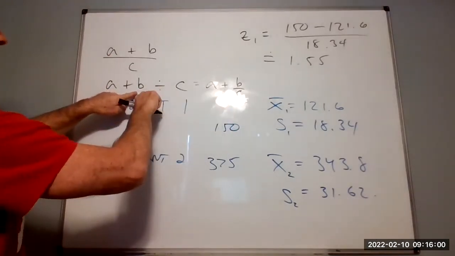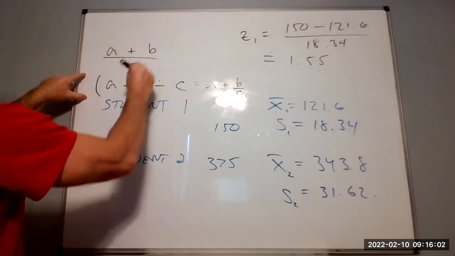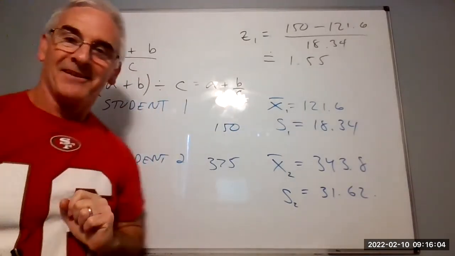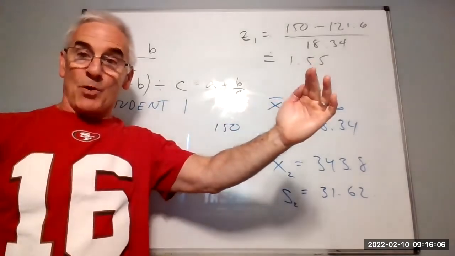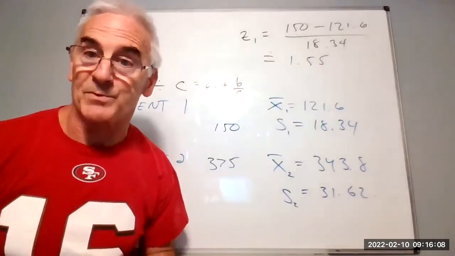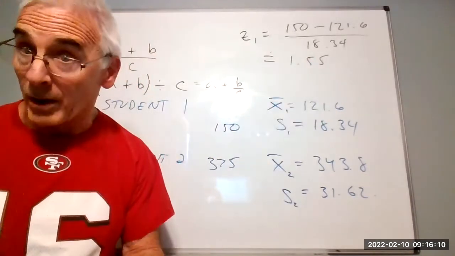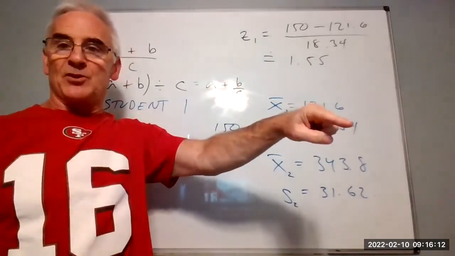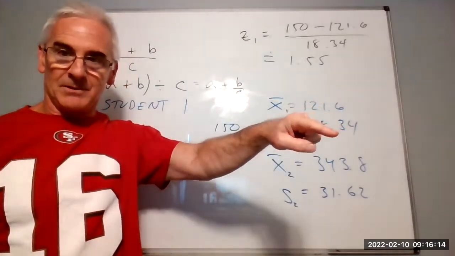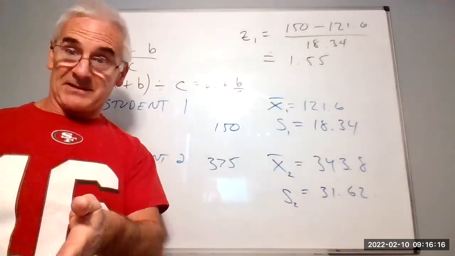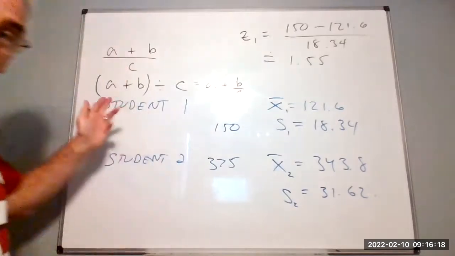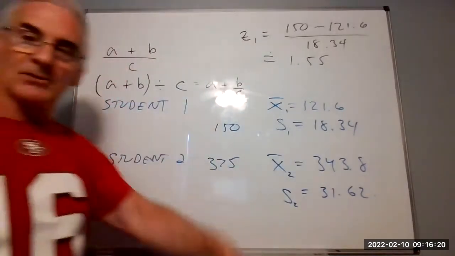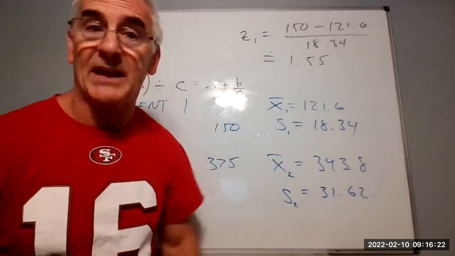Oh, I have to do this then. So when you have a bunch of stuff going on in the numerator, you surround it with parentheses, or just simply calculate the numerator and hit equals, then divide it by the denominator. Does that make sense? So you either use parentheses when you enter it, or you just calculate the numerator. It's always okay to do that.